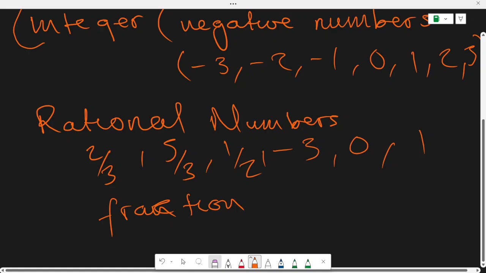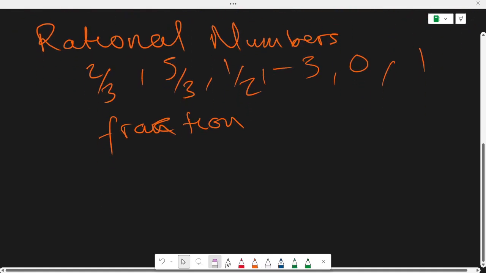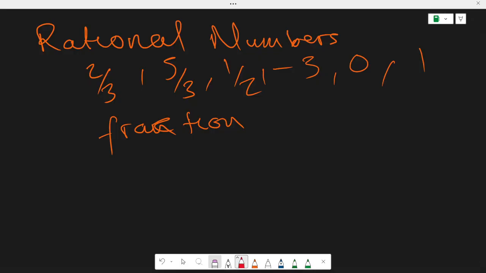Right. When we move from rational numbers, there's a distinct group of numbers that is not part of these numbers. We call them irrational numbers. Irrational numbers cannot be expressed in the form of a fraction or a ratio.